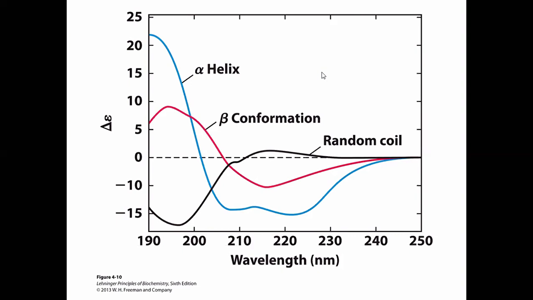Normally we use CD when we want to see changes in protein structure. For example, we heat the protein, we put the protein at high temperature. As we discussed last time, when you heat the protein, you lose the structure. You lose the alpha, you lose the beta, you get more random coil.